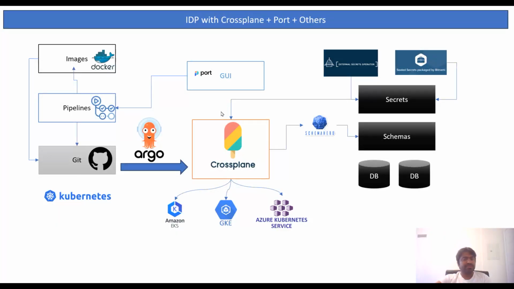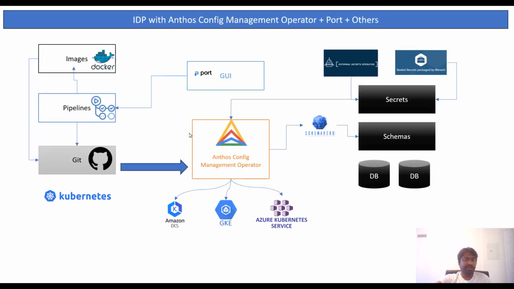In the earlier session, we had already discussed how to implement IDP with Port, Crossplane, GitHub Actions, and Argo CD. Now we are replacing Crossplane and Argo CD with Anthos Config Management Operator.